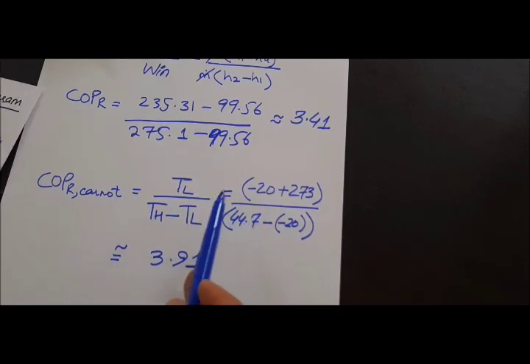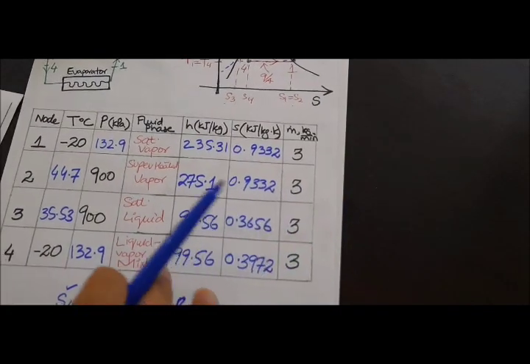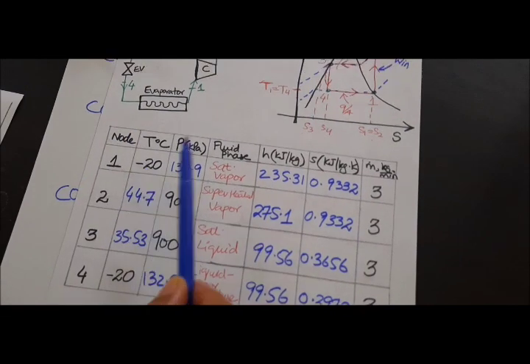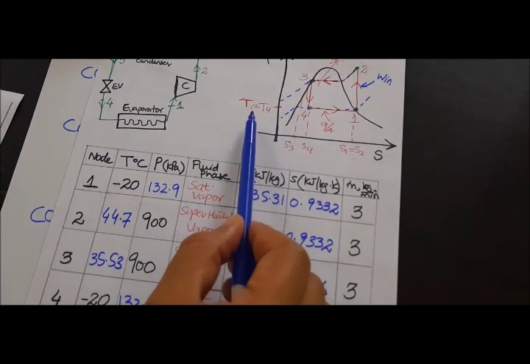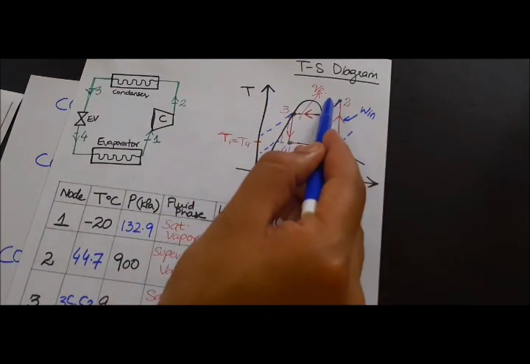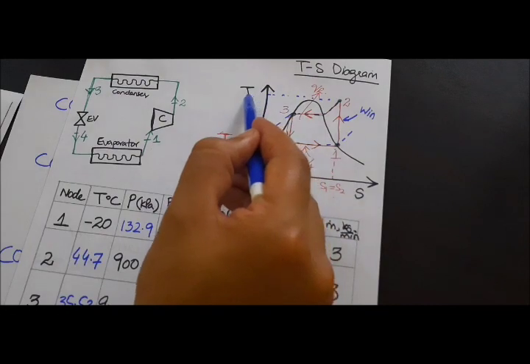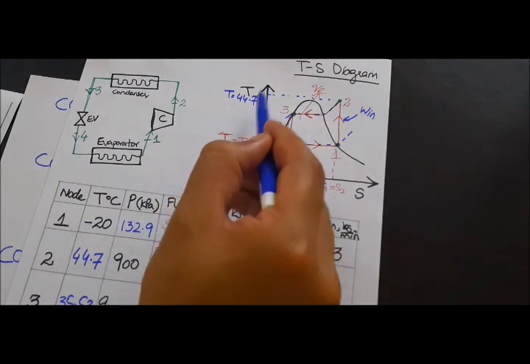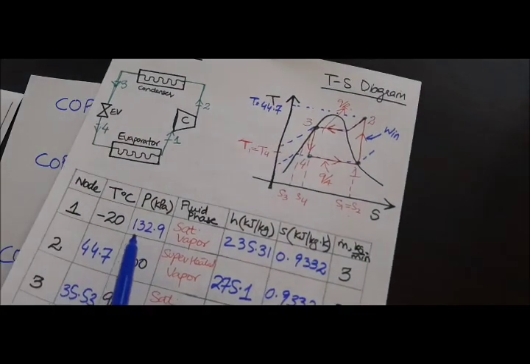Now how this takes place: you can see over here that it is the lower temperature reservoir. This is T1 and the temperature is minus 20. Over here the maximum temperature is 44.7 degrees Celsius.